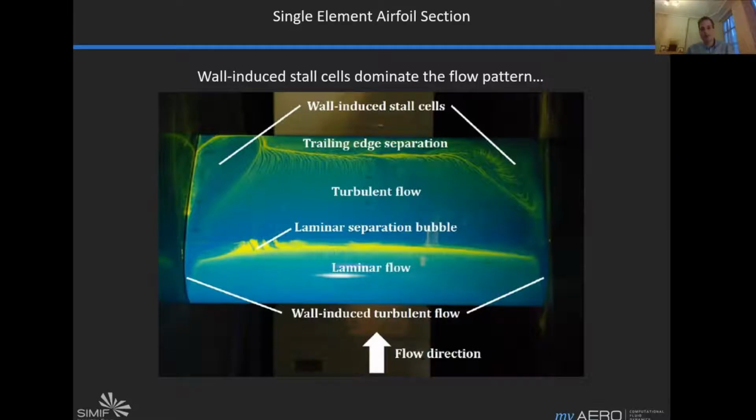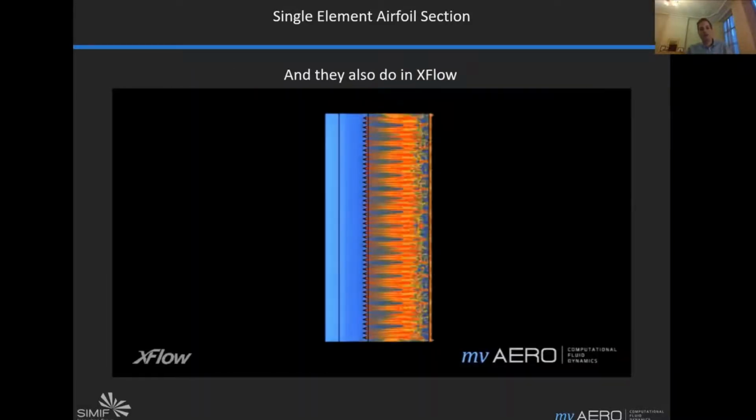So one of my very first projects with XFlow was to figure out whether we could simulate these wall-induced stall effects in XFlow to get some idea of their magnitude.